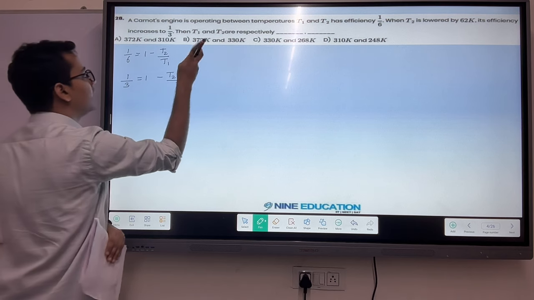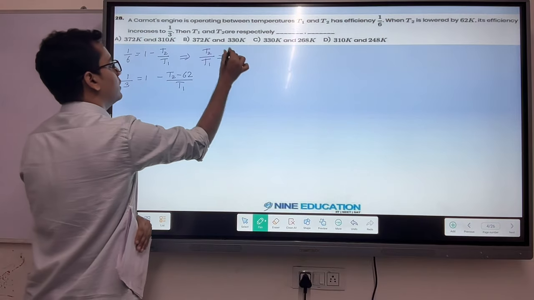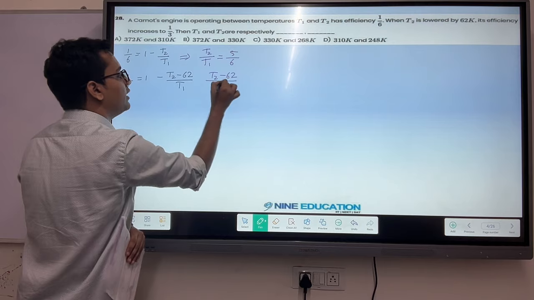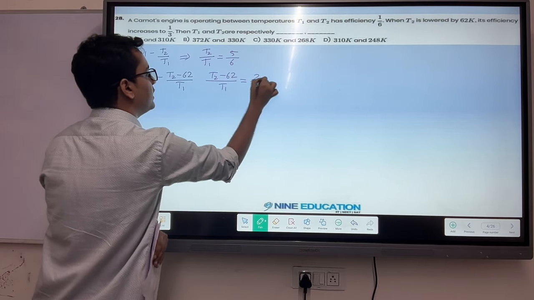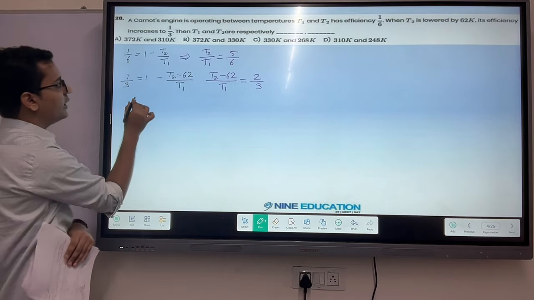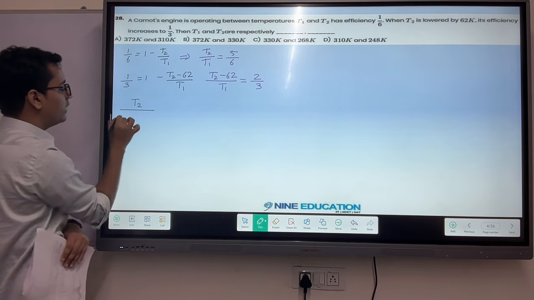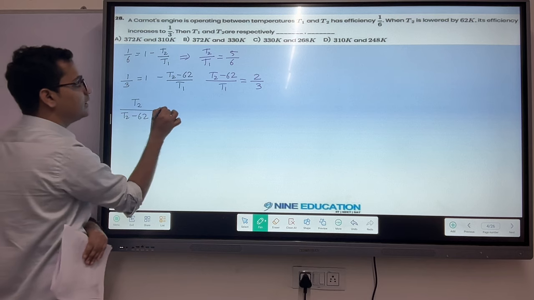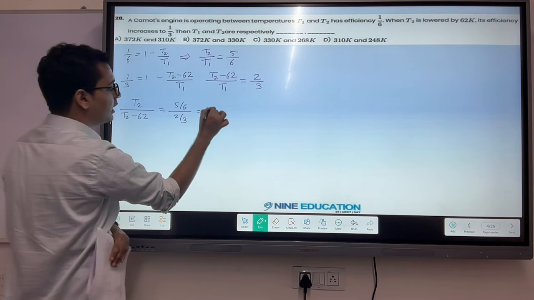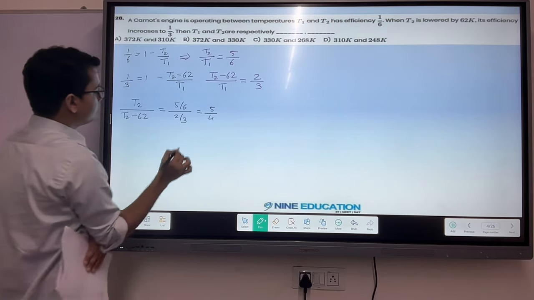From here I can write T2 by T1 as 5 by 6, and here I can write T2 minus 62 divided by T1 as 2 by 3. You can clearly see it is two equations and you have two variables, which are T1 and T2. So divide these two. I will get T2 divided by T2 minus 62 is equal to 5 by 6 divided by 2 by 3, which is nothing but 5 by 4.